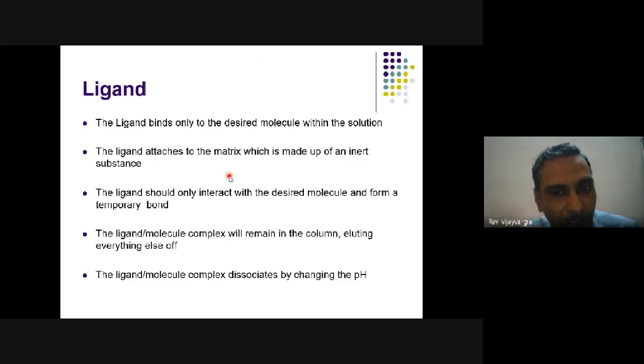You have to covalently link the ligand to the spacer arm of the column, and then the ligand-molecule complex will remain in the column while everything else is eluted. Once the complex is washed thoroughly, you can dissociate and purify your molecule of interest by changing pH, by using a competitor, or by adding a specific protease.